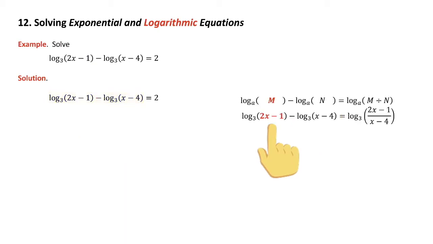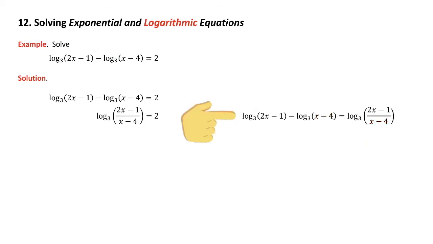We're going to use this rule to combine it. So m is 2x minus 1. That goes up on the top. x minus 4 is n. That goes down in the bottom. So we can combine these two terms, the logs, into a single term.